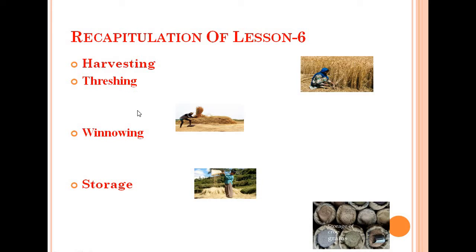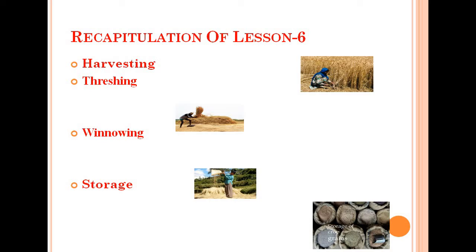After harvesting, threshing and winnowing, the storage of the harvested grains is done. But several precautions should be taken for storing the crop grains. First, they should be stored in a non-wet and dry area. Why? Because if they are stored in a moisture-retaining area, that will enhance the growth of microorganisms.